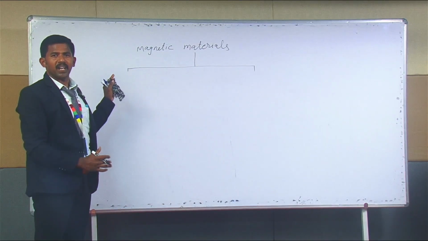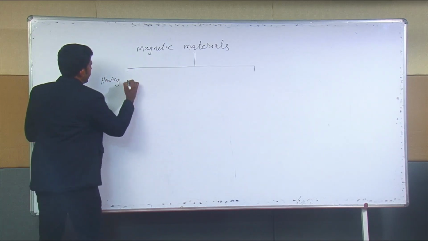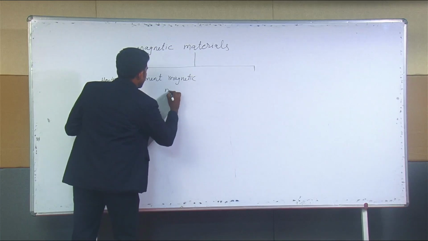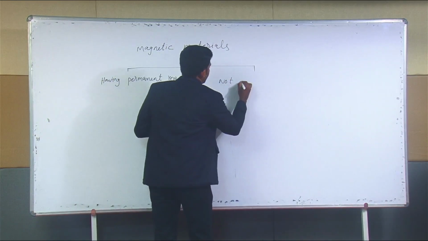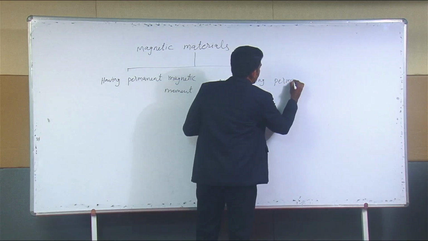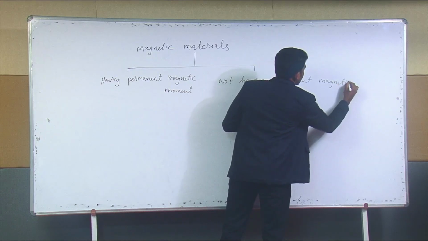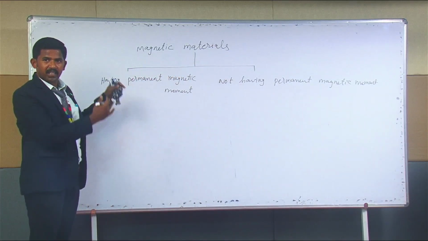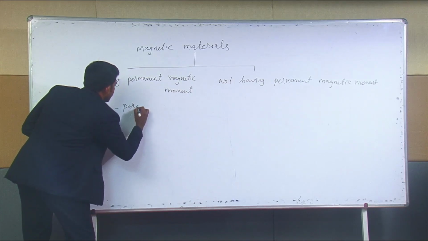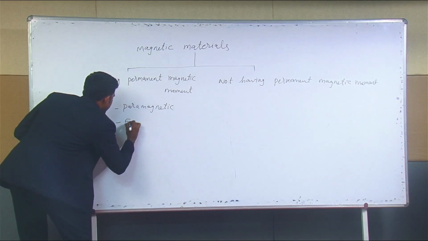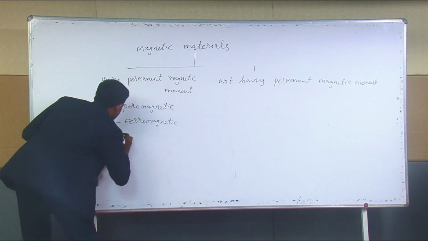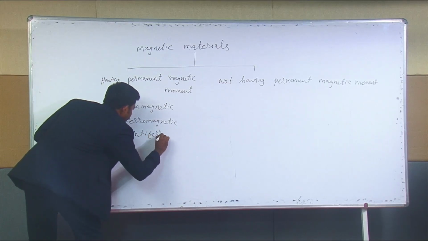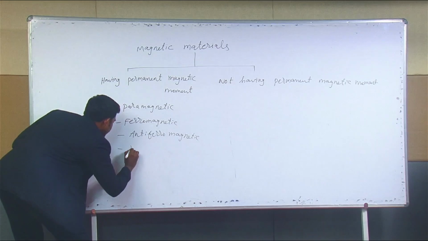One is having a permanent magnetic moment, which comes under paramagnetic, ferromagnetic, antiferromagnetic, and ferrimagnetic.